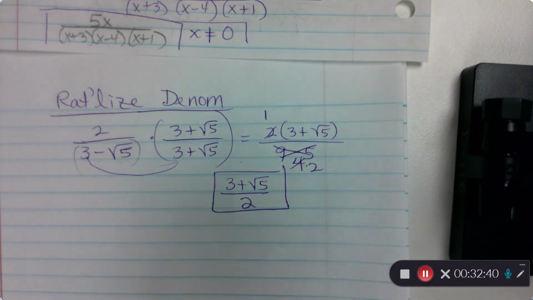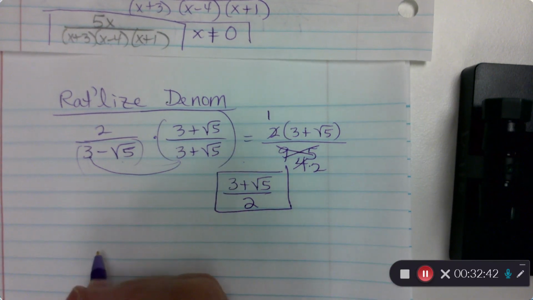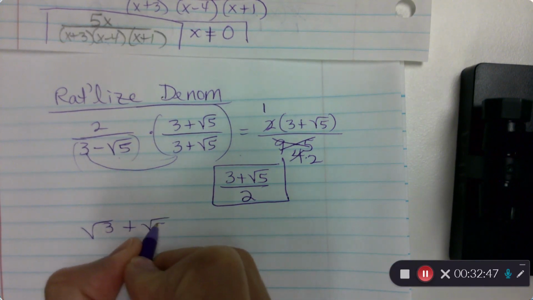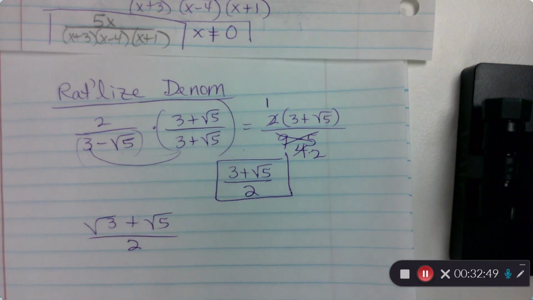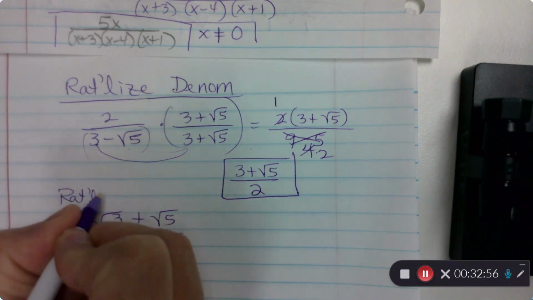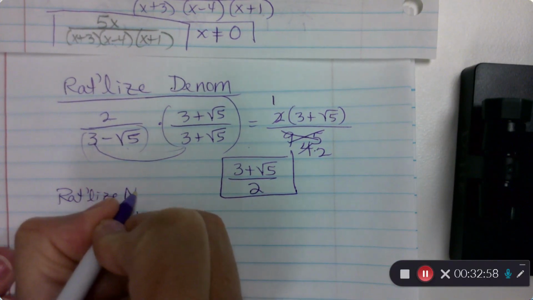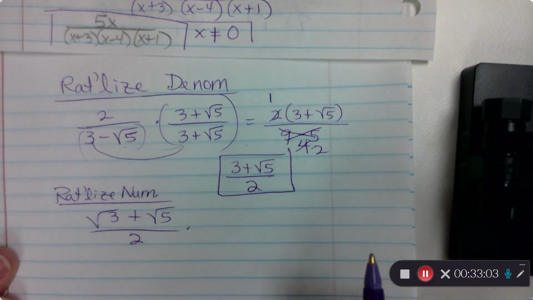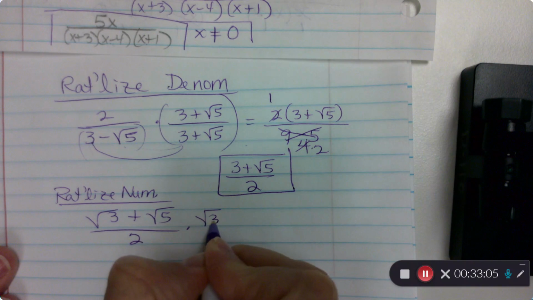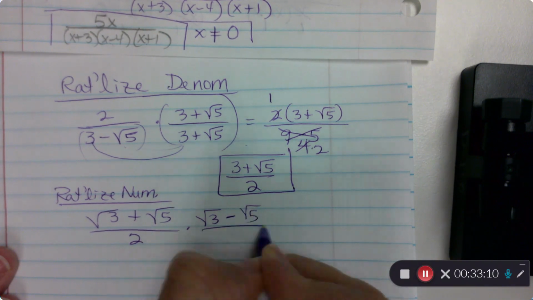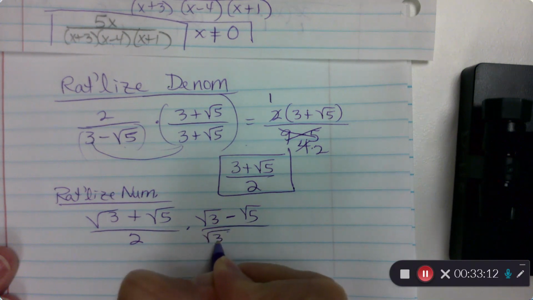Yeah. And then they might say, rationalize the numerator. Only that what conjugate will we use? Square root of 3 minus the square root of 5 over the same thing.